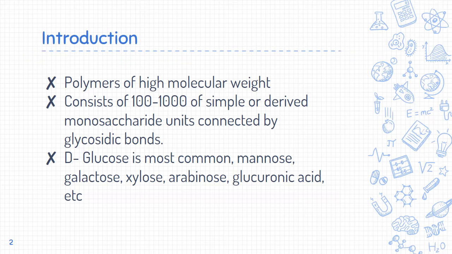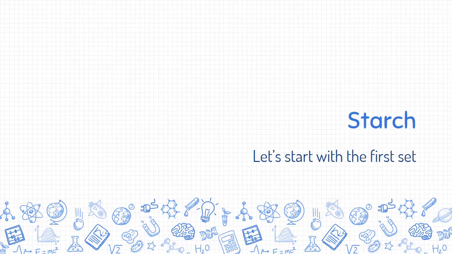If you see the structure, it consists of about 100 to 1000 simple or derived monosaccharide units which are connected by glycosidic bonds, of which D-glucose is the most common building block in polysaccharides. However, you can also see mannose, galactose, xylose, arabinose, glucuronic acid and galacturonic acid.